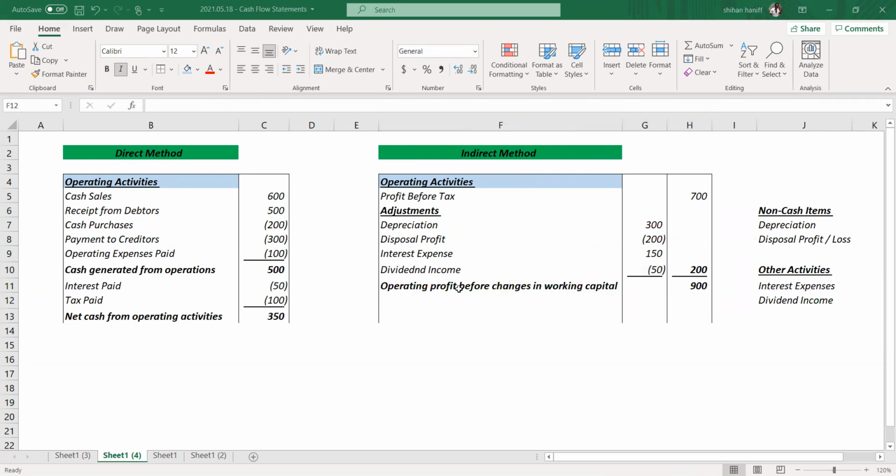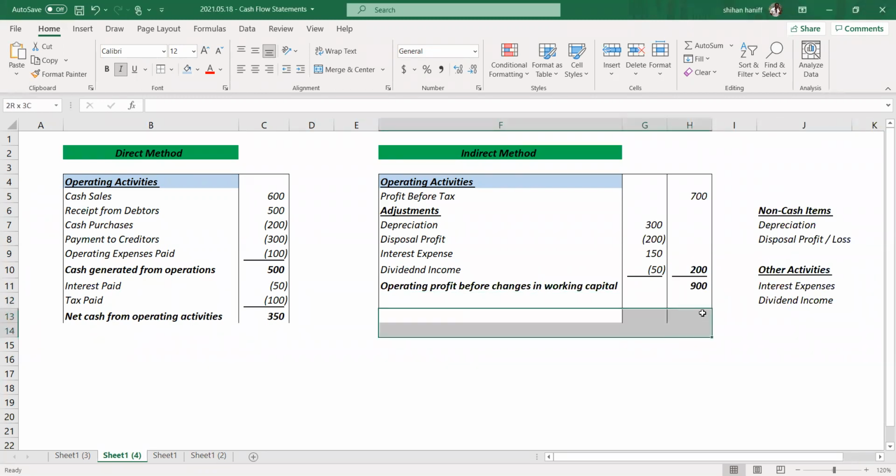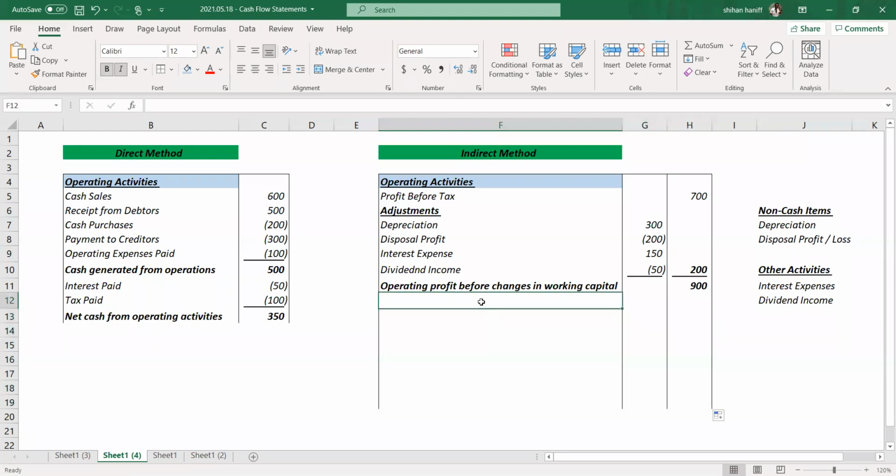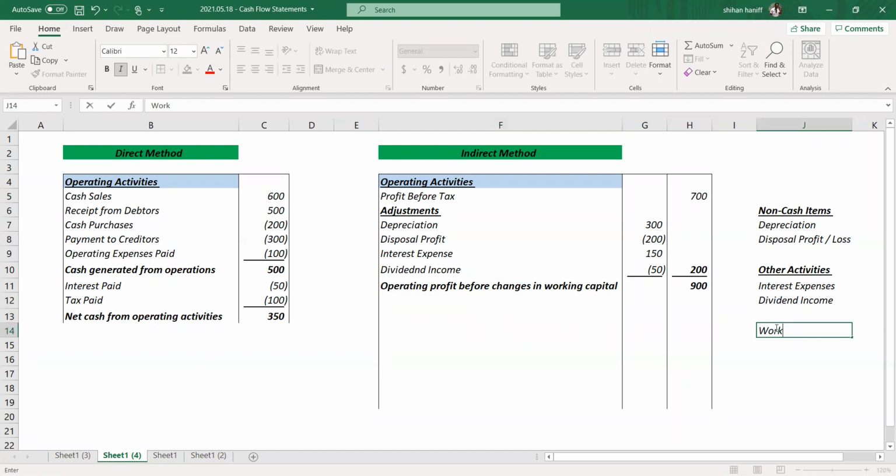So after this, we have to adjust for the working capital. So what is meant by working capital? Working capital means current assets and current liabilities.